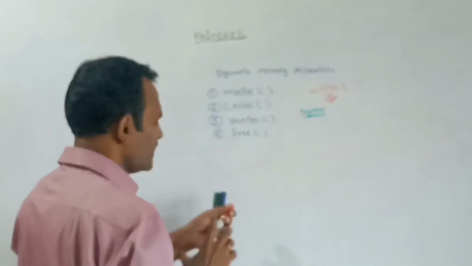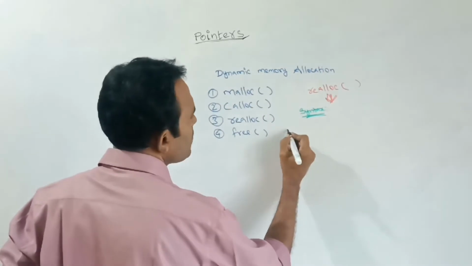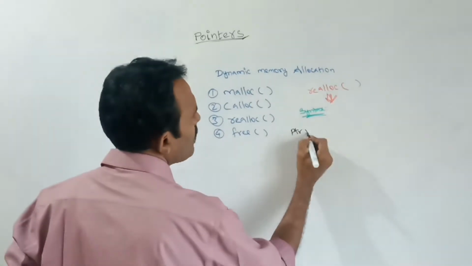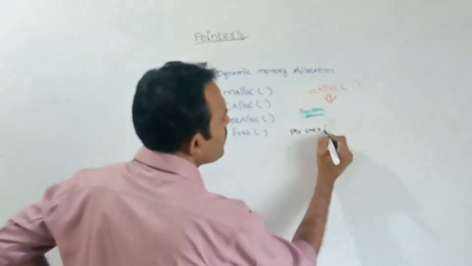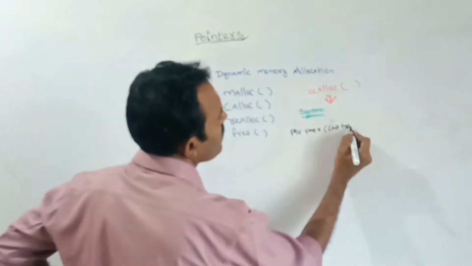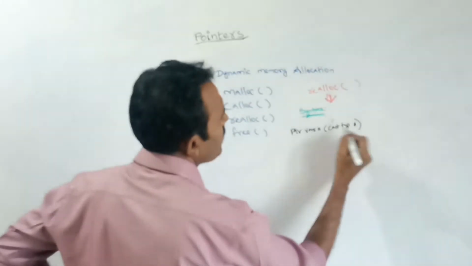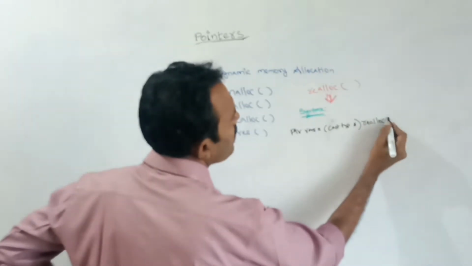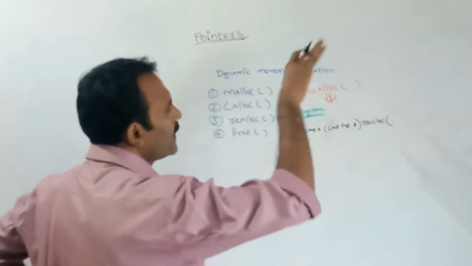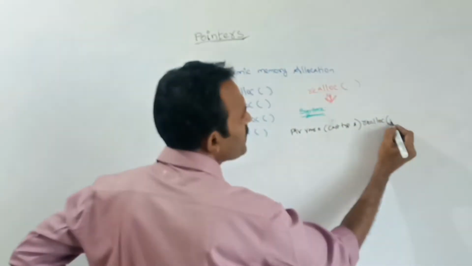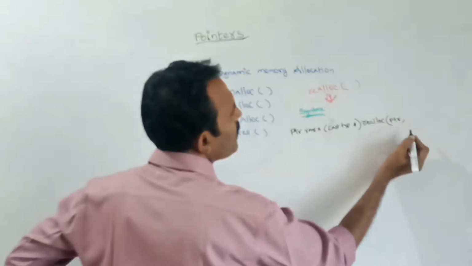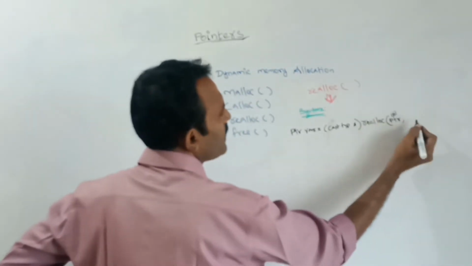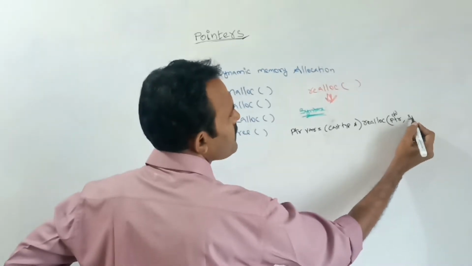The syntax of the reallocation function is: first the pointer variable, after that the typecast, then the function name realloc, and the older pointer variable, the one where we had allocated earlier, then the size.